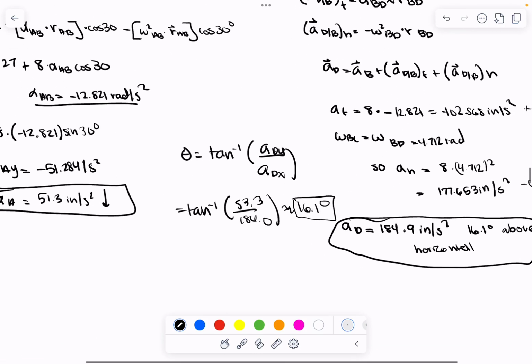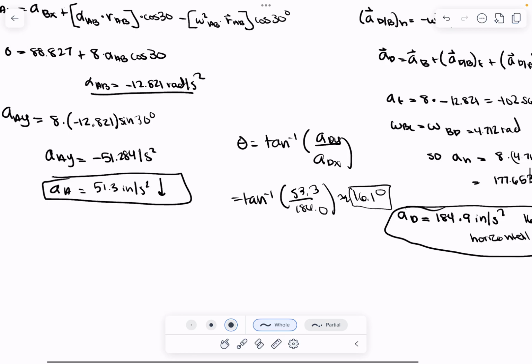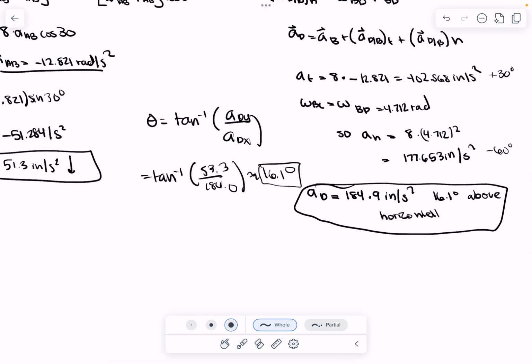I think I said that the acceleration of A was at 16.1, but it's the acceleration of D. Acceleration of A is just directly downward.